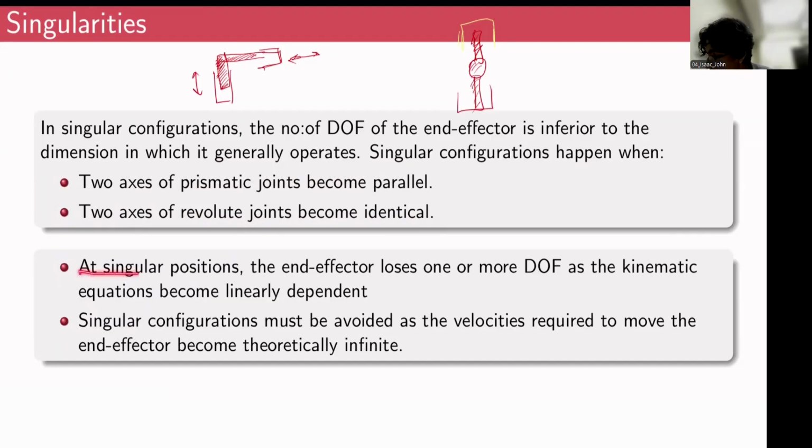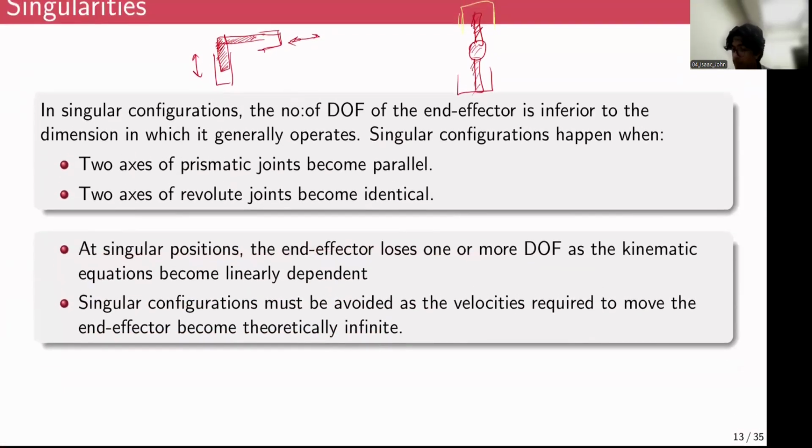And at singular positions, the end effector loses one or more degrees of freedom as the kinematic equations become linearly dependent, right? And singular configurations may be avoided as velocities required to move the end effector become theoretically infinite.